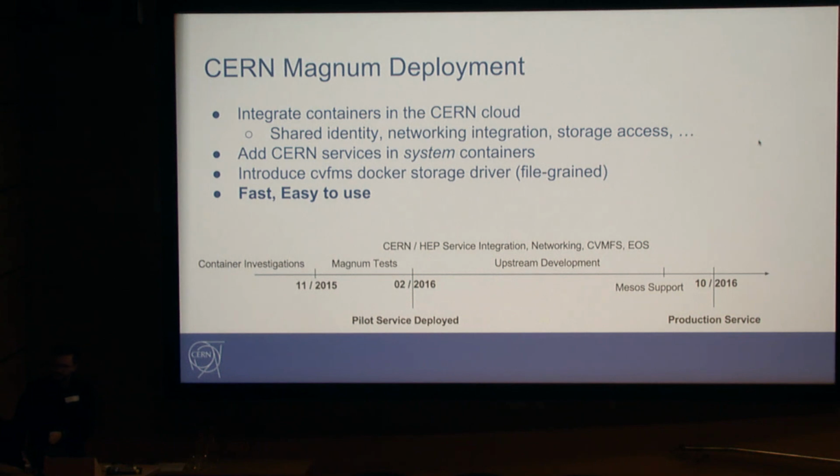And what is very important, and you might want to have a look at if you run scientific workloads, is the CVMFS Docker storage driver that we wrote. CVMFS is a file system to distribute software, and we managed to do fine-grained software container image delivery using the CVMFS infrastructure. So I will put a link under when I share my slides so you can have a look at that.